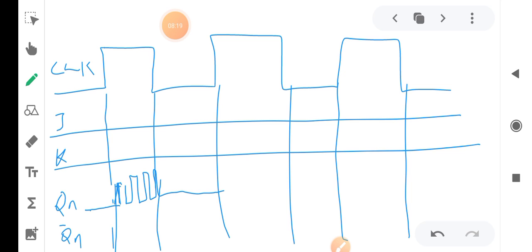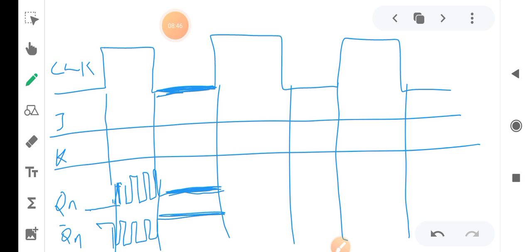Then when the clock pulse is 0 here, this toggling will not occur. For Q1 complement, the same thing, it becomes 0 1 0 1 0 1 0 1, then the toggling will not be there.